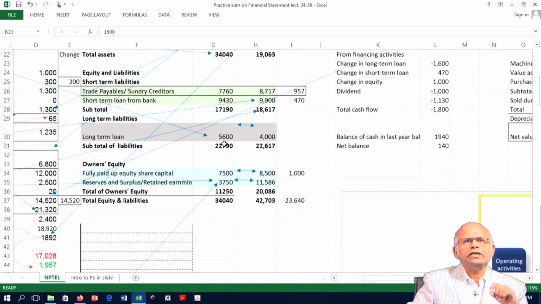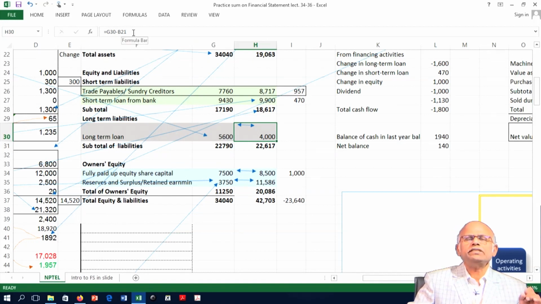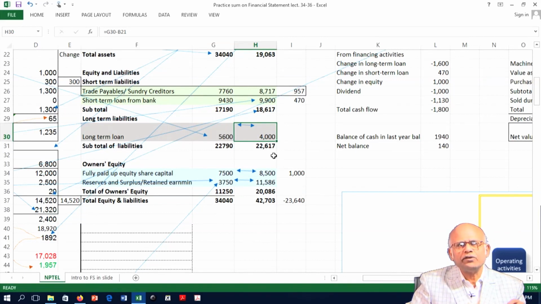Let us see, because it looks like there is a mistake here. The long term loan was 5,600, then it is G30, that is 5,600 minus whatever we have repaid plus whatever we have raised. So, this is to be added up. I deleted some data, so that has gone down.